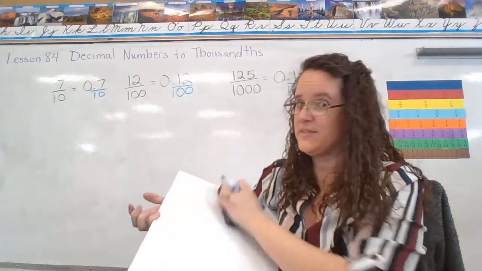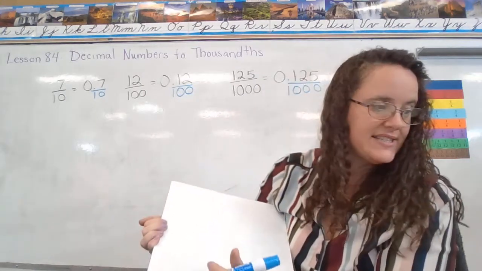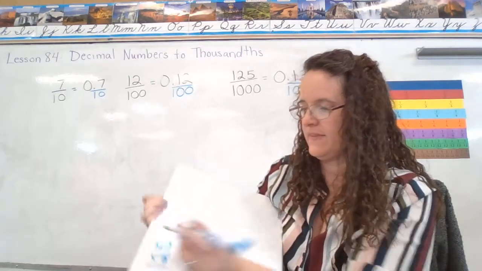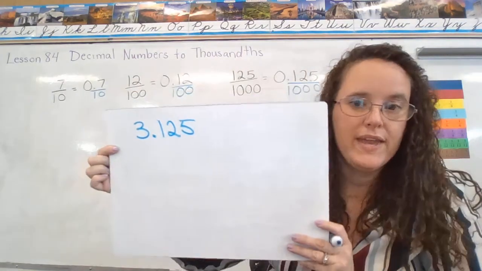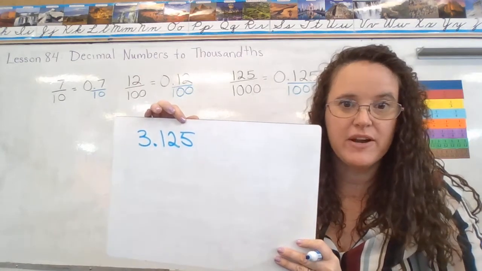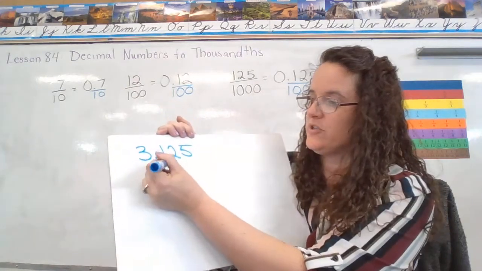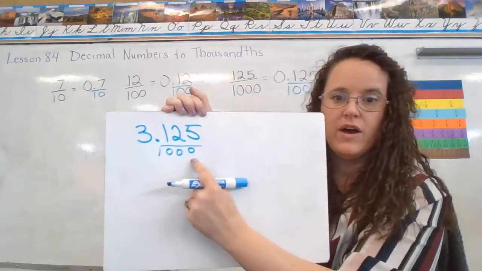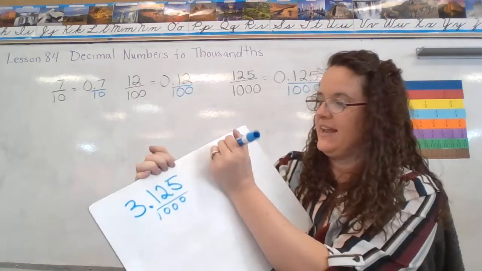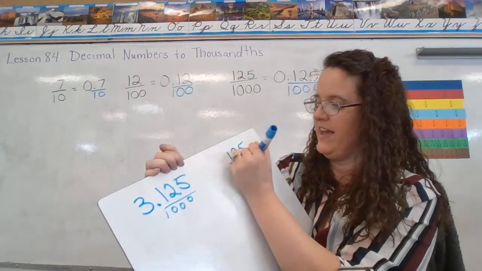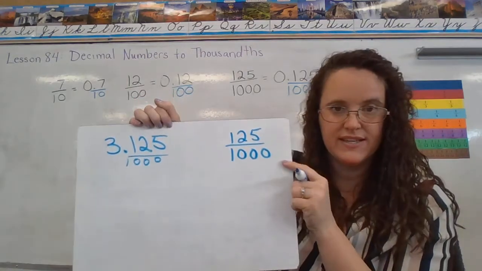All right, the next one's a little different because this is a mixed number. So when we have a mixed number, we do the decimal into a fraction part exactly the same. So this 125, I'm gonna fill in my 1 and my zeros, and I can just write that as a fraction, 125 thousandths.